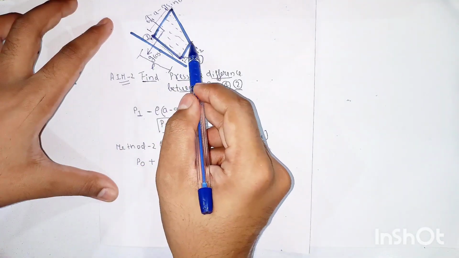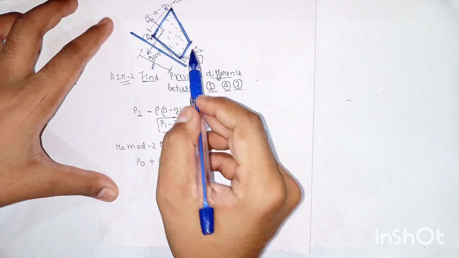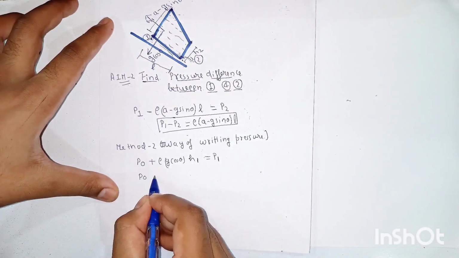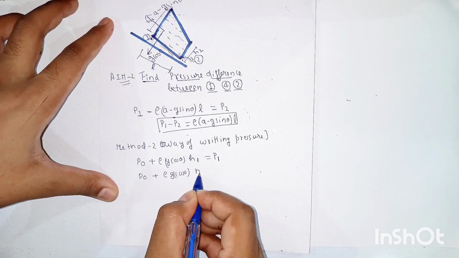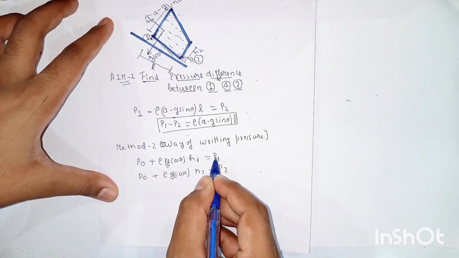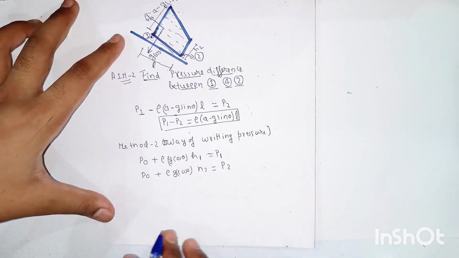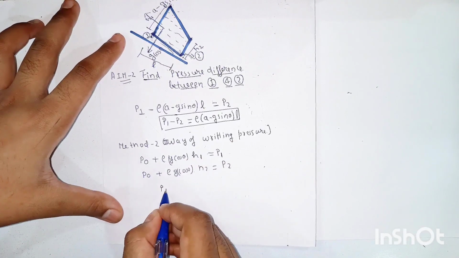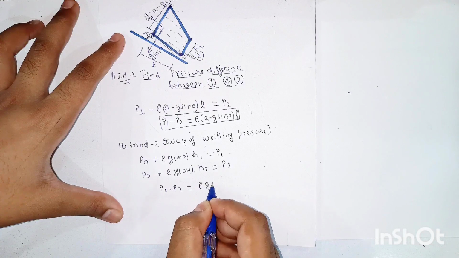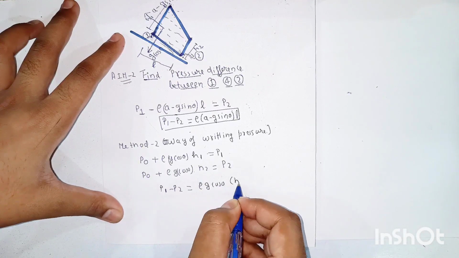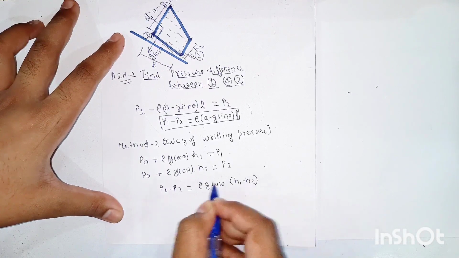Now similarly we will be moving along this section as well. So P0 plus rho g cos theta into h2 equals P2. Now subtract both of them to find the pressure difference. P1 minus P2 equals rho g cos theta into h1 minus h2.